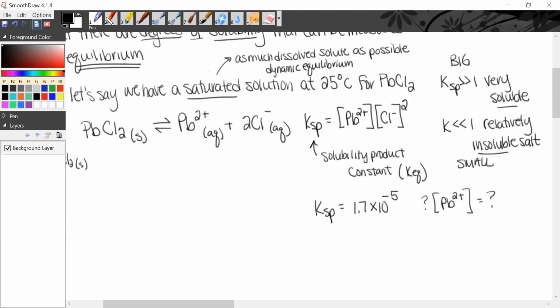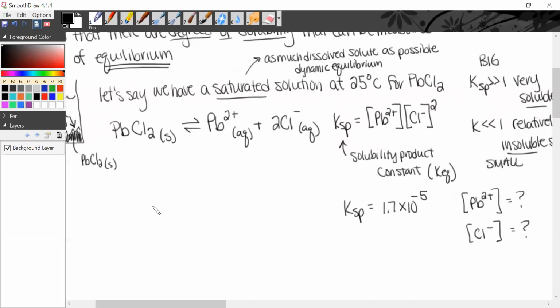And what is the concentration of the Cl- at equilibrium? Whenever we're being asked about things at equilibrium, like how much of these ions are going to be dissolved in solution, you need to do a RICE table, just like we've been doing. So really there's nothing new here. This is the reaction that we're going to RICE table.